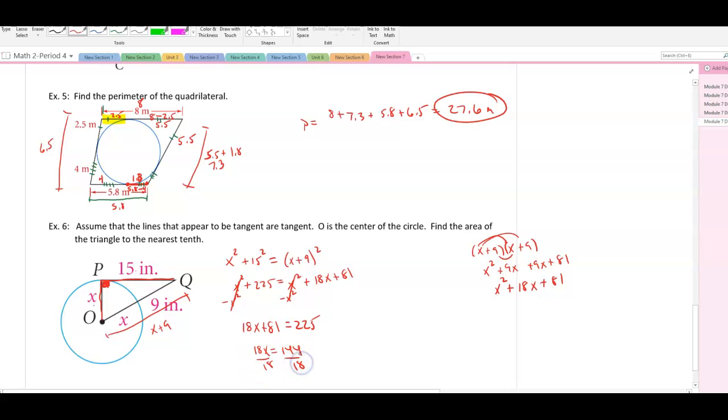Divide by 18, and I get x equals 8. Now, if x is equal to 8, to find the area of a triangle, we use base times height divided by 2, and the legs of the right triangle are the base and height. So 8 times 15, all divided by 2, would give me 60 inches squared.